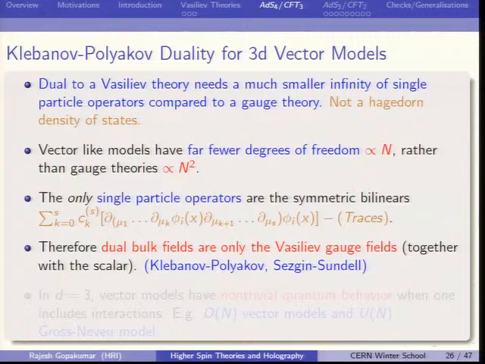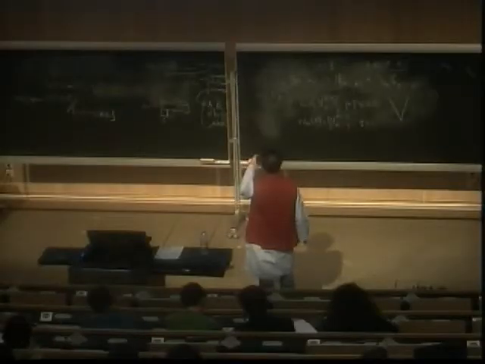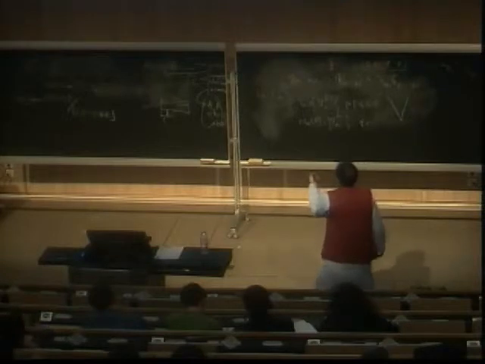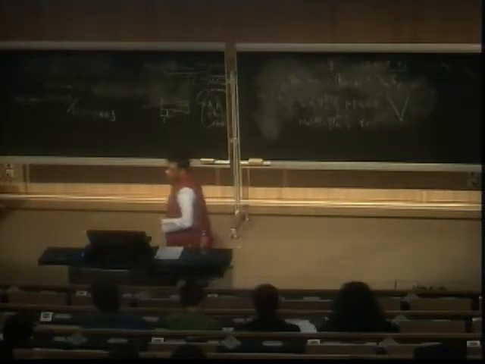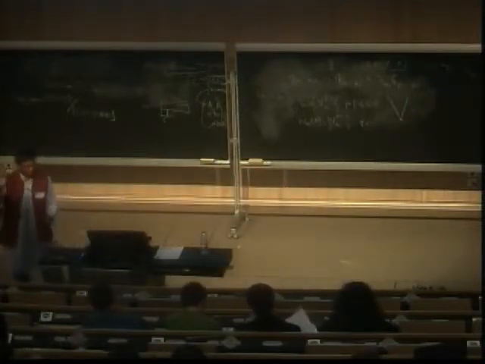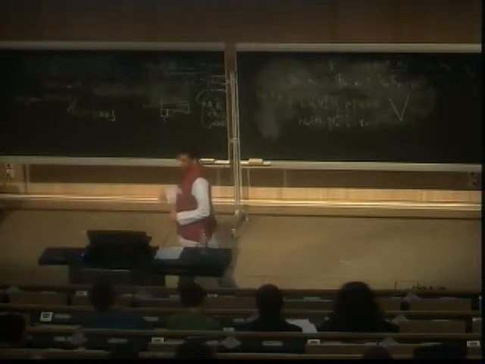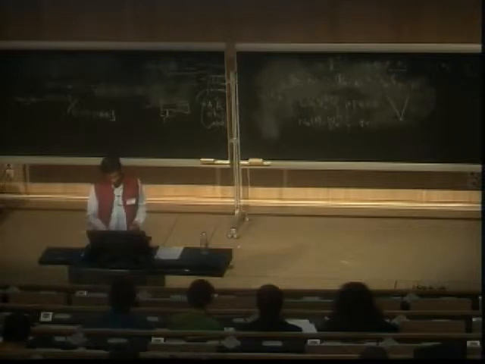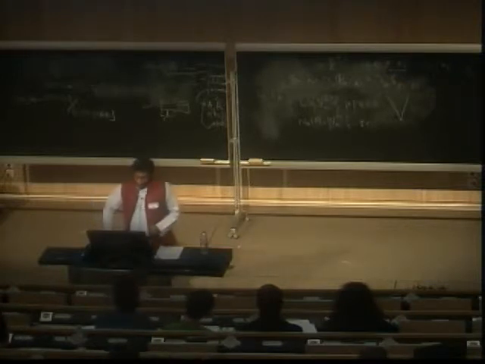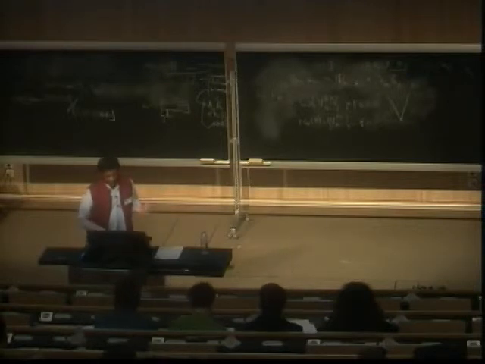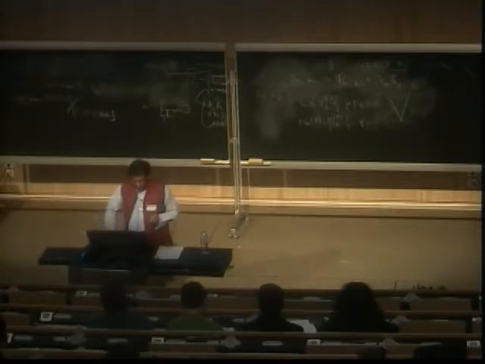And in addition, you can have a scalar as well when s is equal to 0, so you have precisely the content of the Vasiliev theories, namely the higher spin gauge fields and the scalar. So this was the observation of Klebanov-Polyakov and also Sezgin and Sundell.